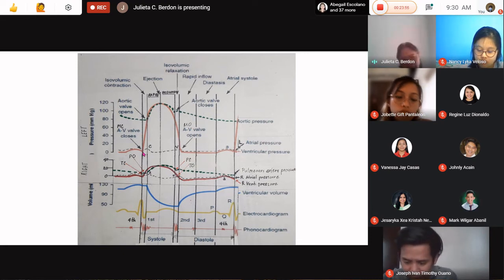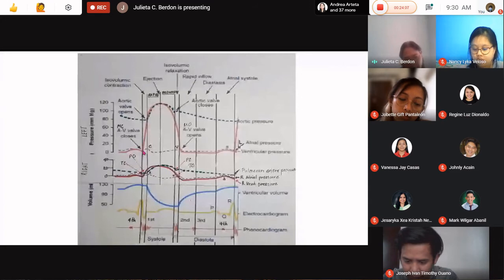So we now have the onset of ventricular contraction, and the minute the ventricles contract, of course, pressure there will increase, right? The minute ventricular pressure exceeds atrial pressure, what happens to our valves? What happens to our mitral valve?